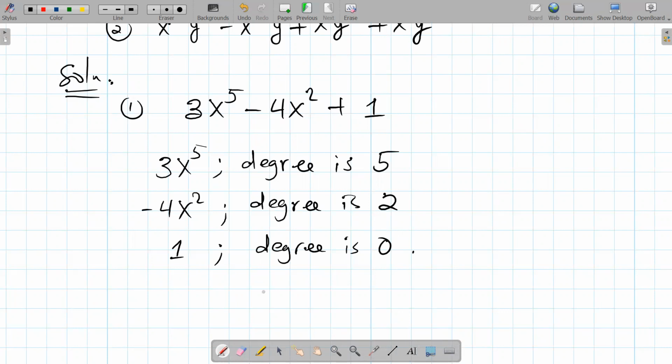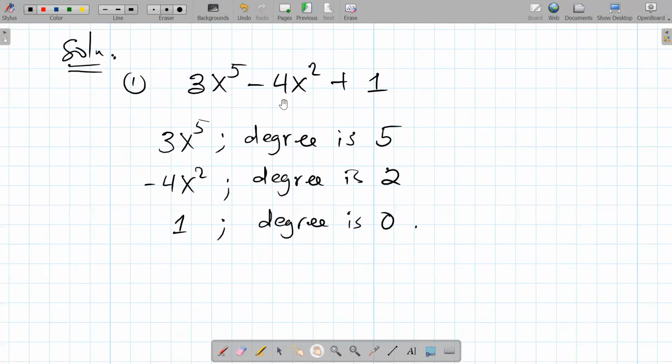That gives you the degree of that term. So in this polynomial, first we determine the degree of every term, and then the largest degree will be the degree of the polynomial.